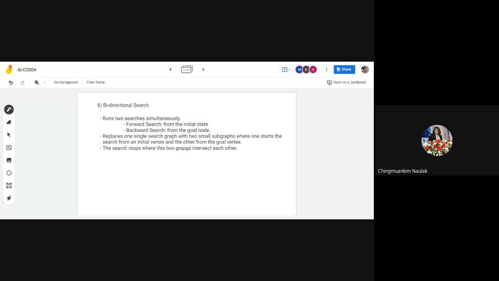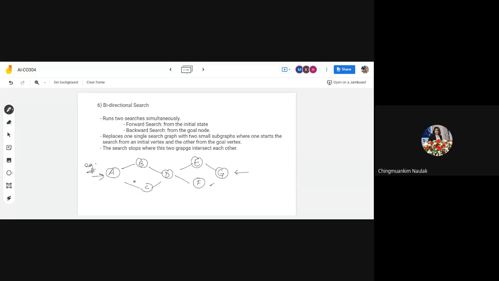So how is this done? Let me give an example again. For example, you have a graph like this, C, D, E, F, G. Now as it says, you are going to use forward search and backward search.